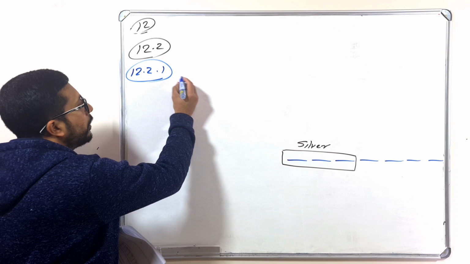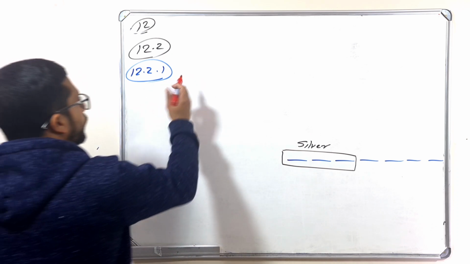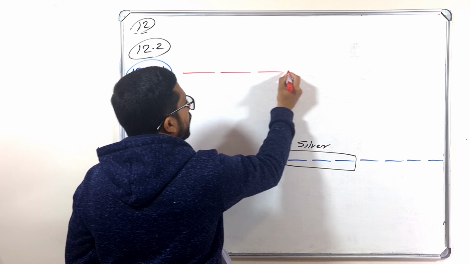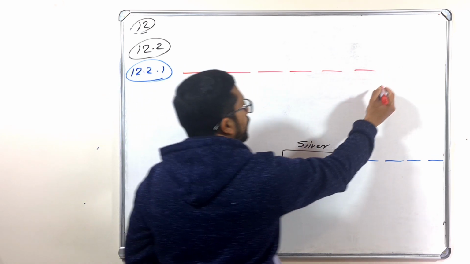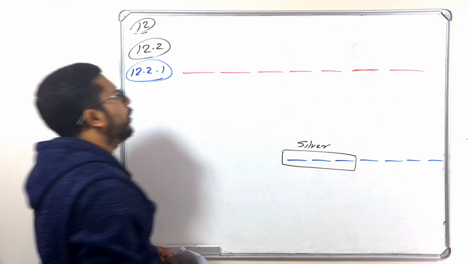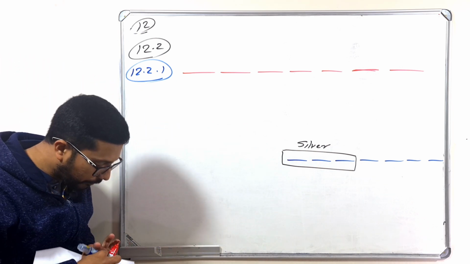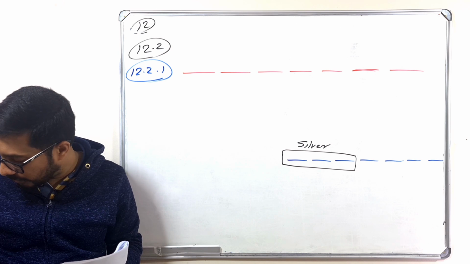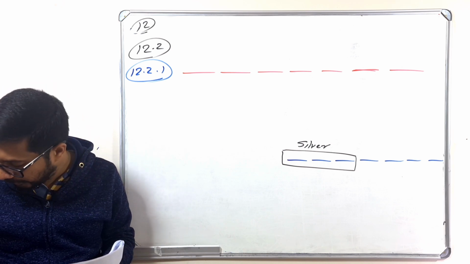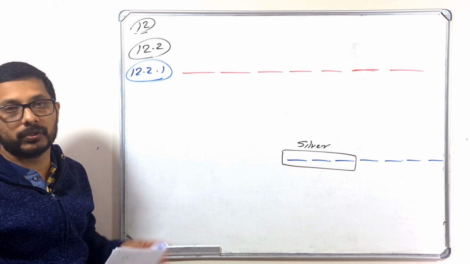So let me draw the parking spaces here. 1, 2, 3, 4, 5, 6, 7. These are the parking spaces. In how many different ways can all the cars be parked? Now how many different ways without any condition?